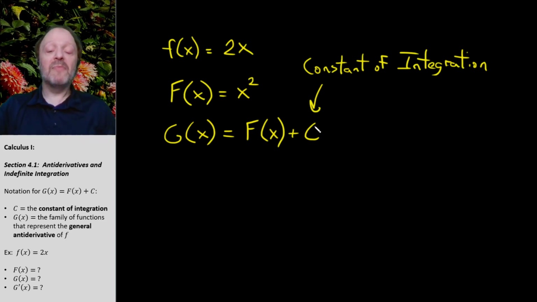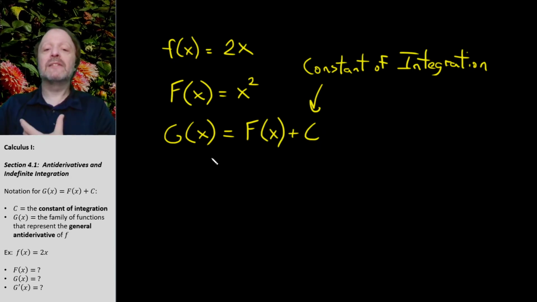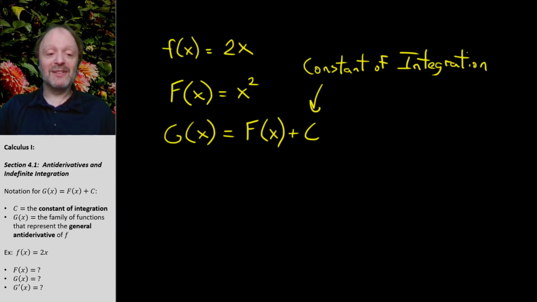So g of x includes f of x plus 2, f of x minus 17, f of x plus pi. It doesn't matter. As long as it's a constant, g of x has it. It is part of a family of solutions.